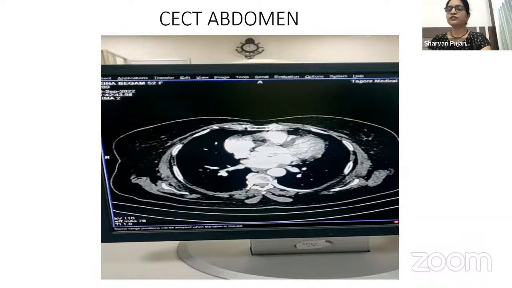Now, if this patient had a resectable disease or had come to you at an early stage, what surgery would you advise? If it is stage 1B or 2, we can go for extended cholecystectomy. What does that mean? What are you removing?